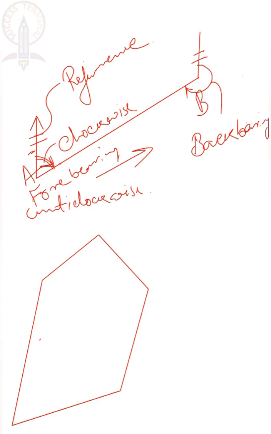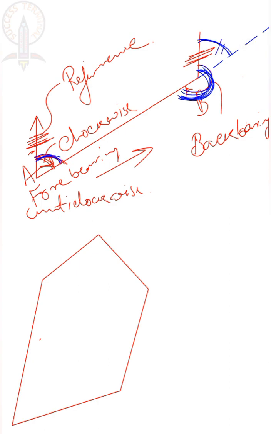Now as these two lines are parallel, therefore this angle and this angle, what will be the difference between these two angles? Let's see. If we extend the line in this way, this is the angle of same value as the forward bearing.